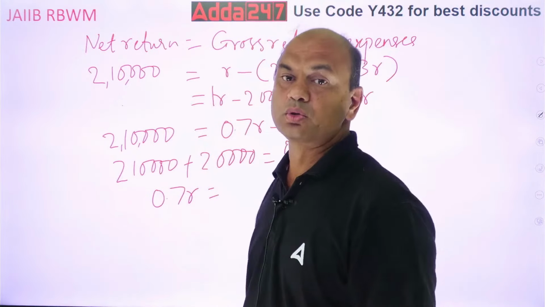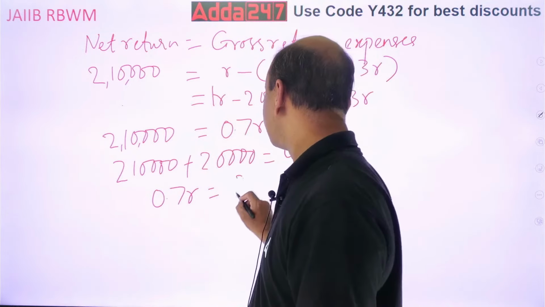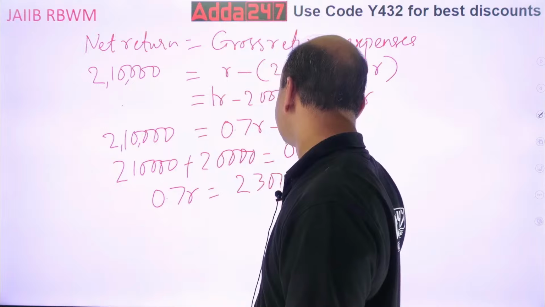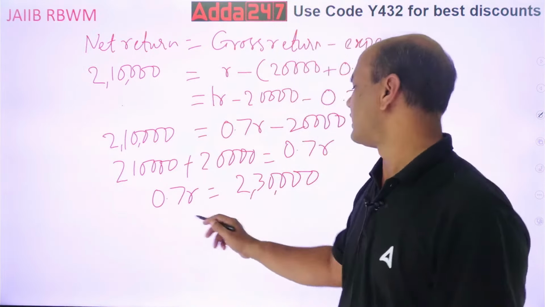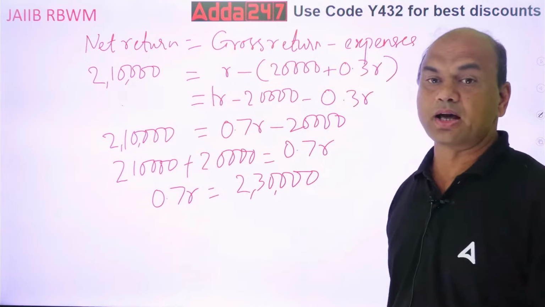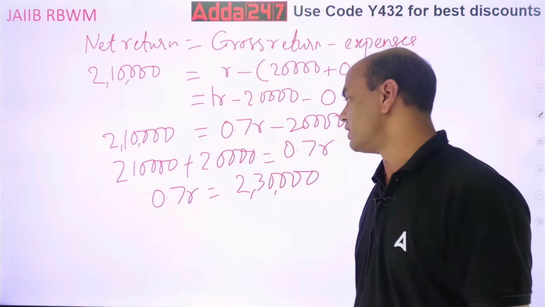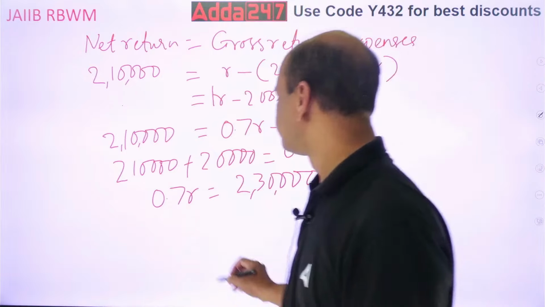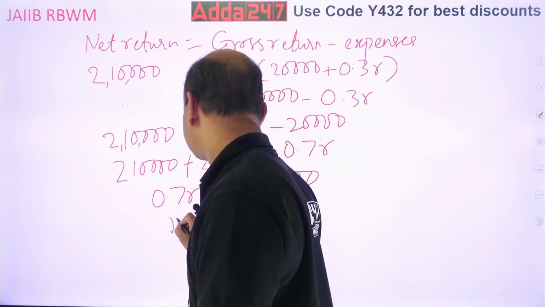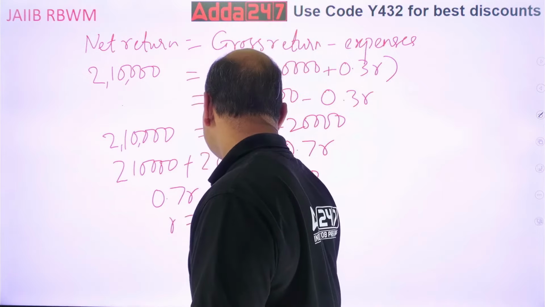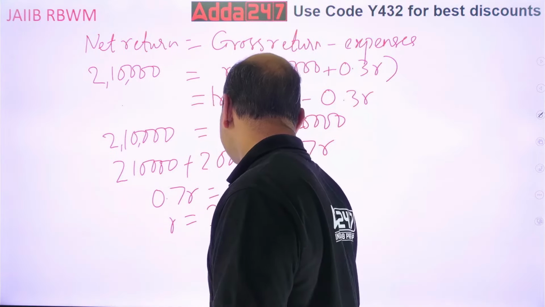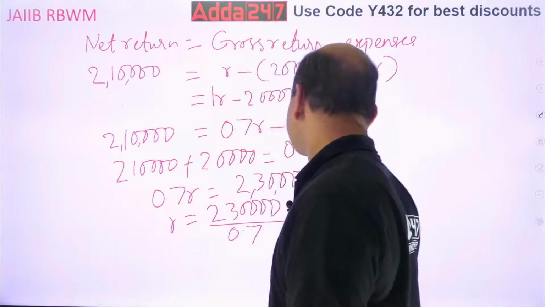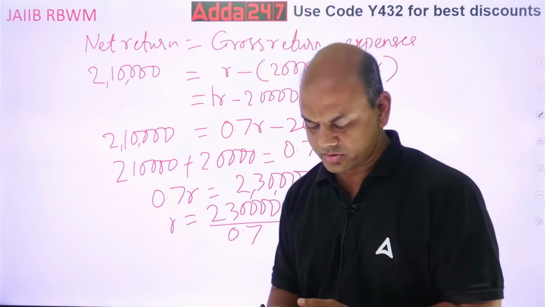What is the answer? 2,30,000. So 0.7 R equals 2,30,000. R is what? R equals 2,30,000 upon 0.7.